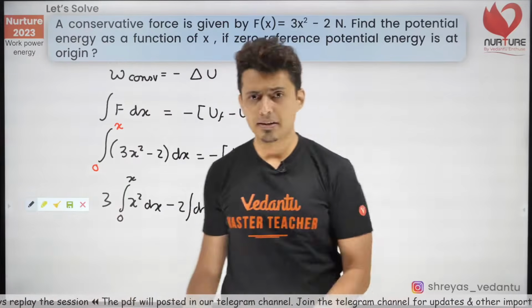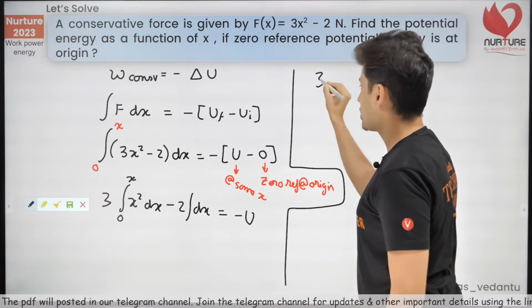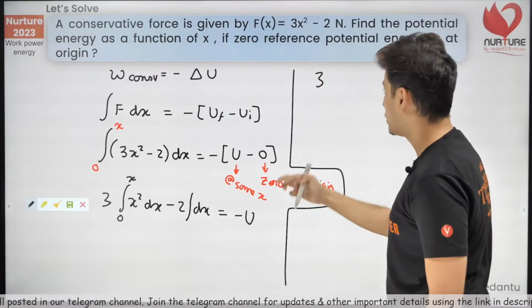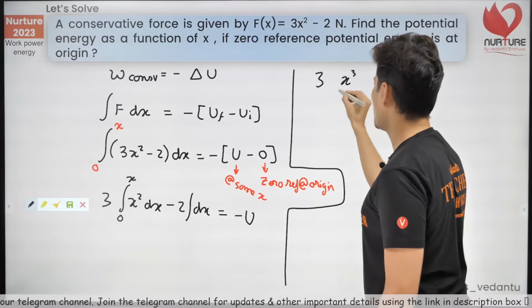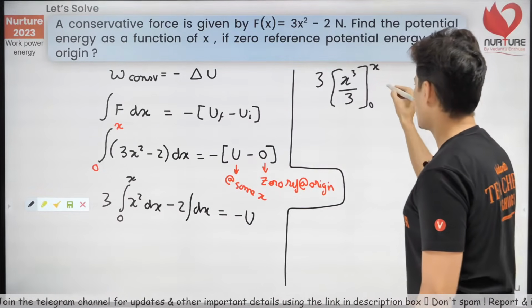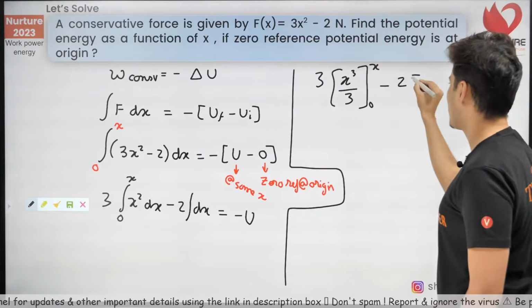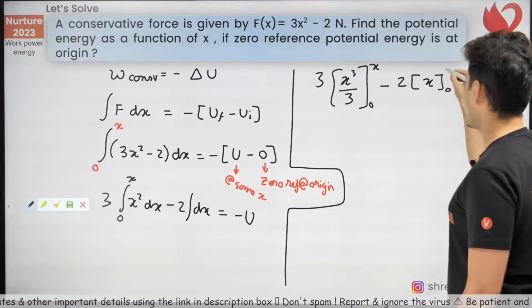Let's do the integration. The integration of x square is x cube by 3, with upper limit x and lower limit 0, minus 2. The integral of dx is just x, with the same limits 0 and x.